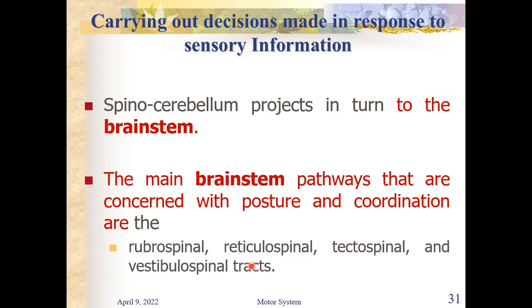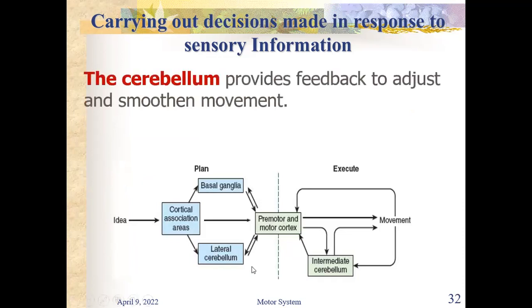So the spinocerebellum, as it projects back to the motor cortex, it also projects to the extrapyramidal tracts that will help to adjust and coordinate motor commands or execution of the movements. Okay, so this is what I have shown you in this diagram.